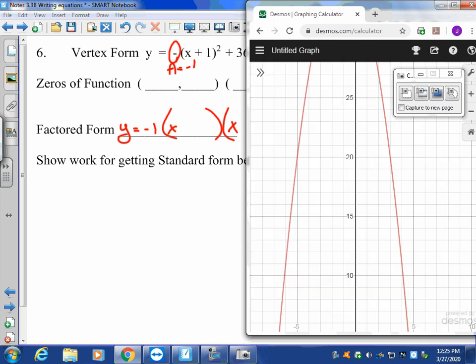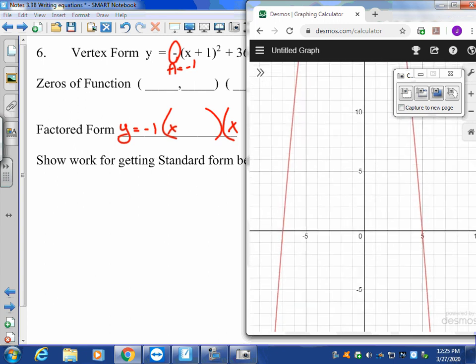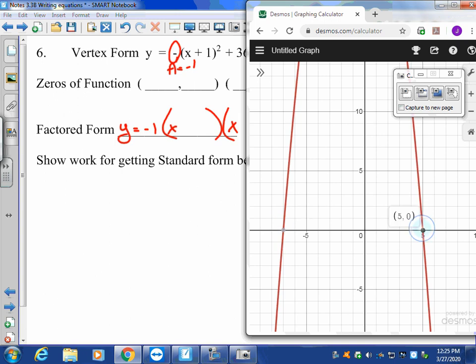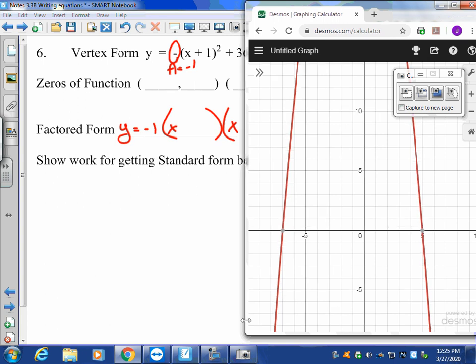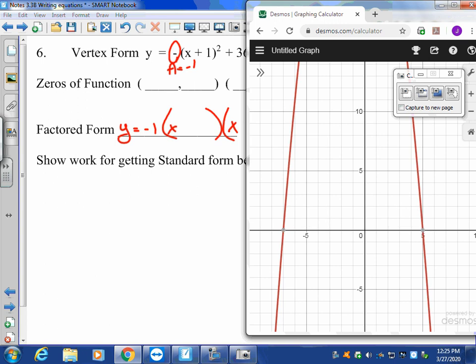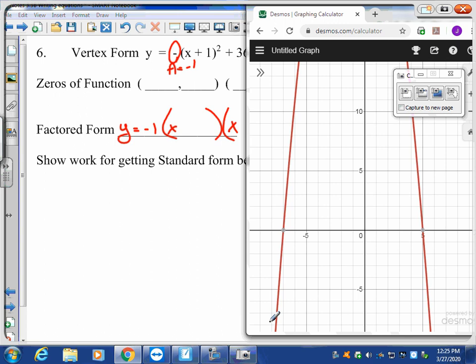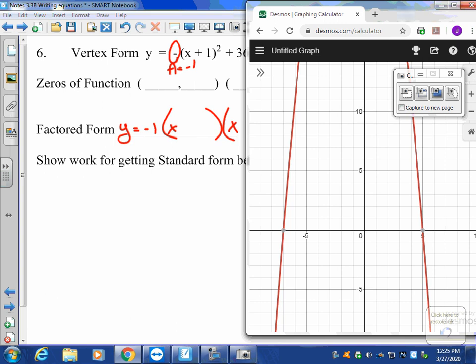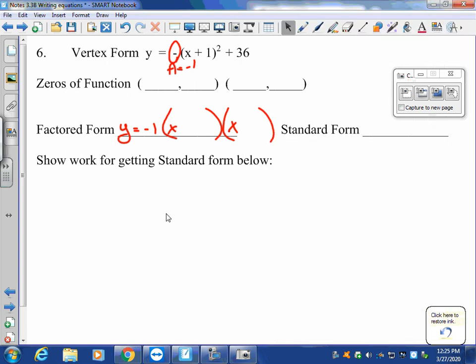All right, so I got to find my axis here. Here's my axis. There are my x-intercepts. Negative 7 and 5.